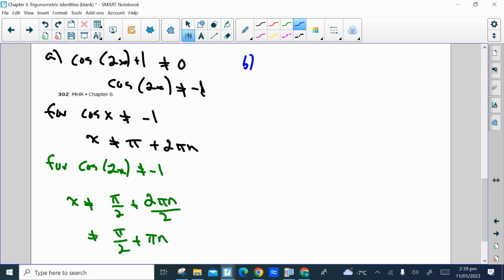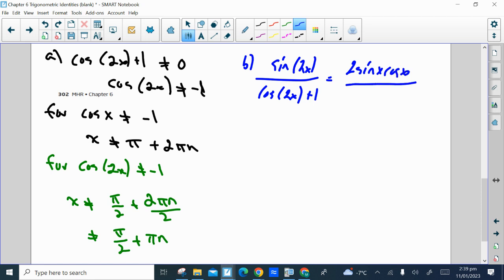Okay, part B. Now we want to simplify this. So again, we're starting with sine 2x on top over cos 2x plus 1 on the bottom. And for sine 2x, we have only one option. But for cos 2x, we have three different options.